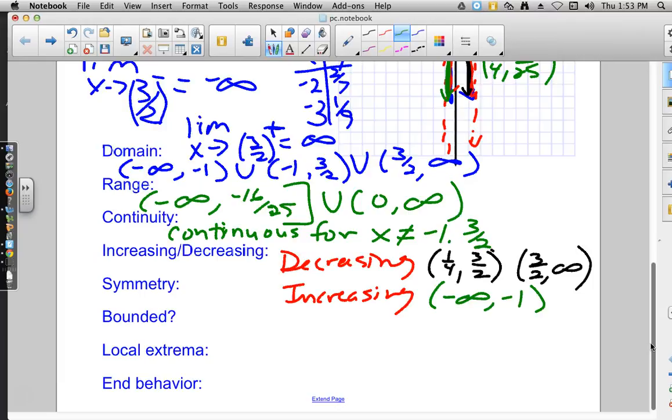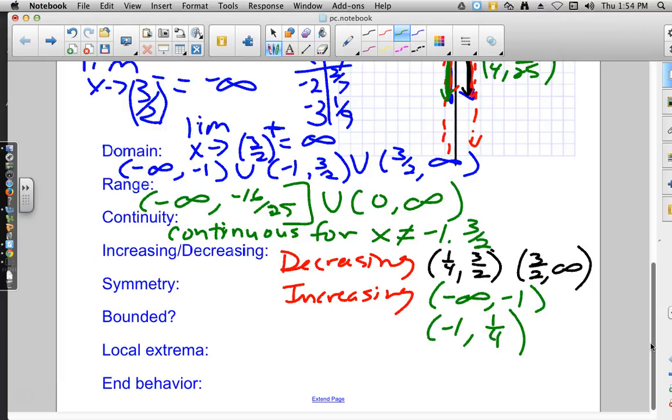And then for our little branch, we have -1, our vertical asymptote there, and then that goes up to that 1/4, which again, we're going to use open brackets for, and kind of disagree with the book on that case because it cannot be increasing or decreasing at that point.